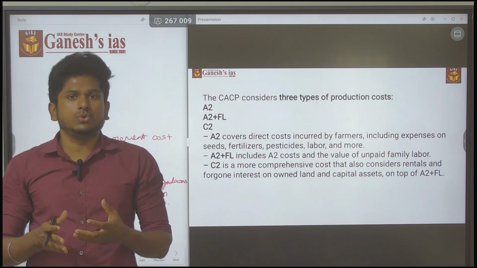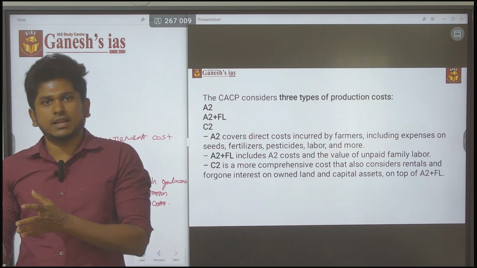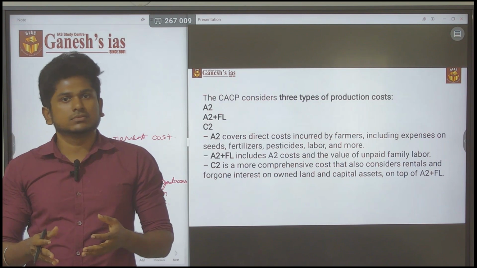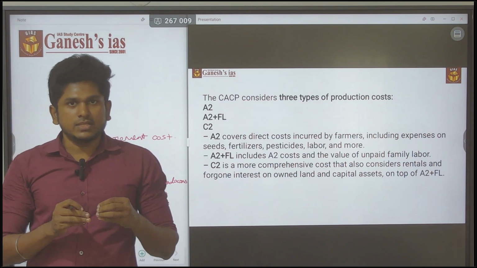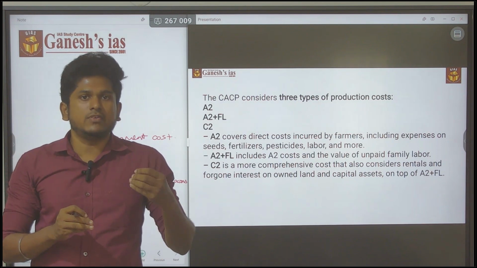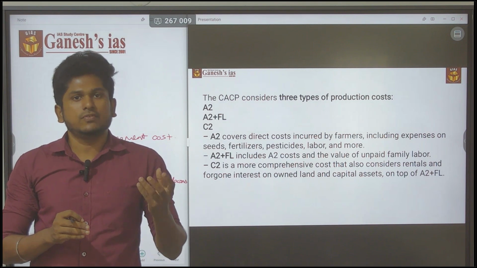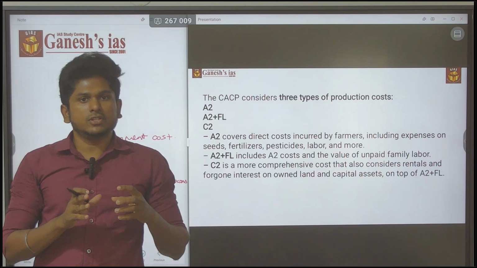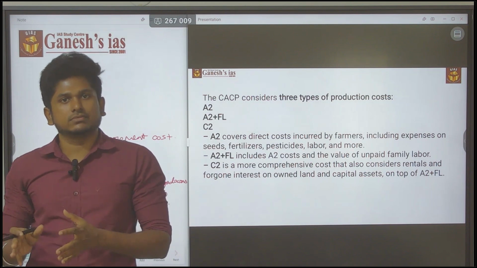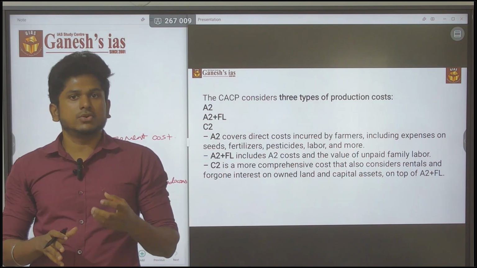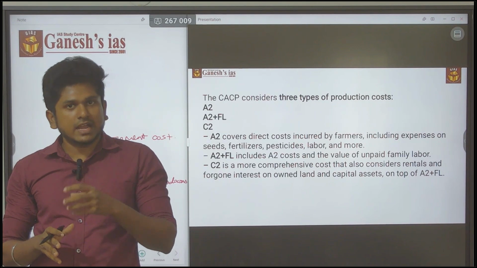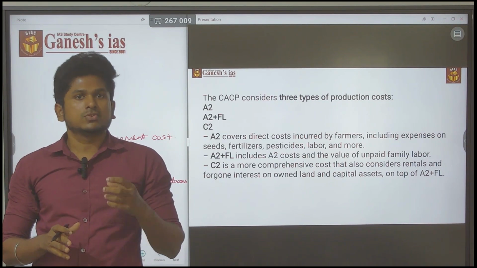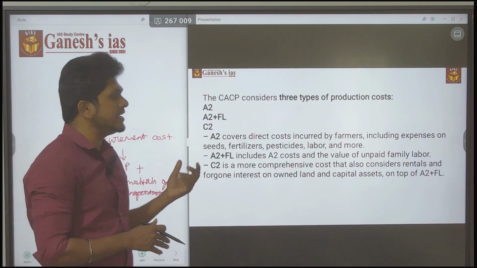But without leasing my land, I am going for cultivation, which means I am losing certain money from the lease. In such a scenario the government has to provide that also. So that is called C2.